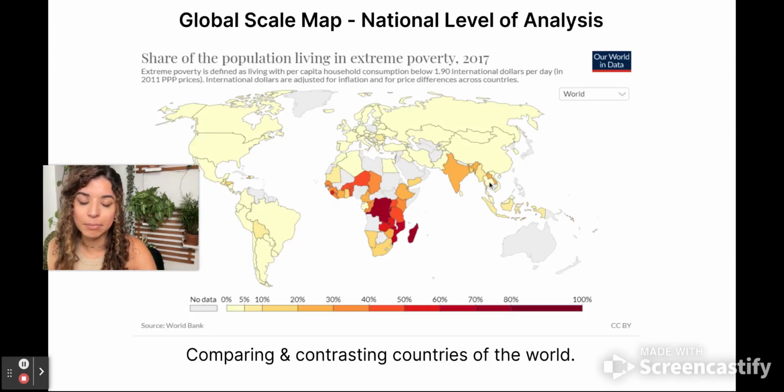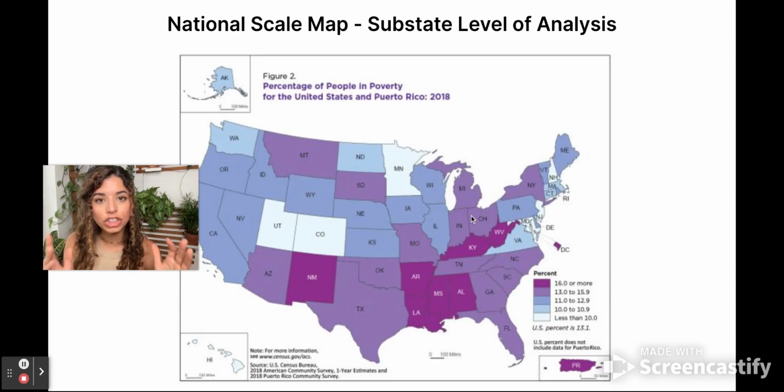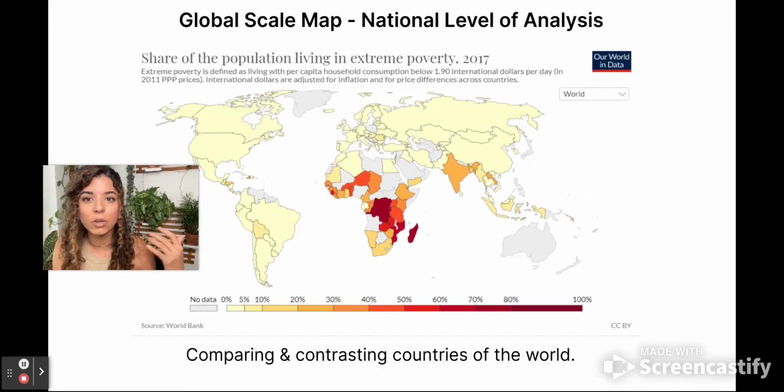This is doing the same thing, right? But look at the color of the US here versus when you zoom in, right? When you're looking at it at the national level and then analyzing at the sub-state level, it reveals different information. So that's one of the big takeaways of scale, right?